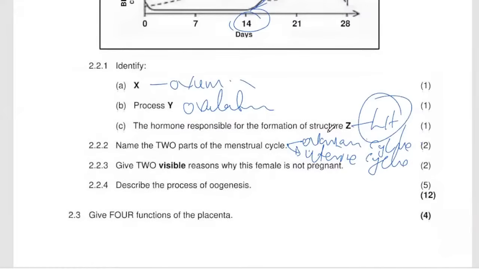Then we got the next question. Describe the process of oogenesis. This is the process everyone has to know. It must be like a story. Then you tell us. Under the influence of FSH, the diploid cell in the ovary will undergo mitosis to form numerous follicles.